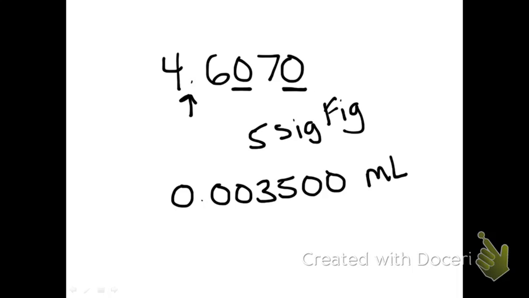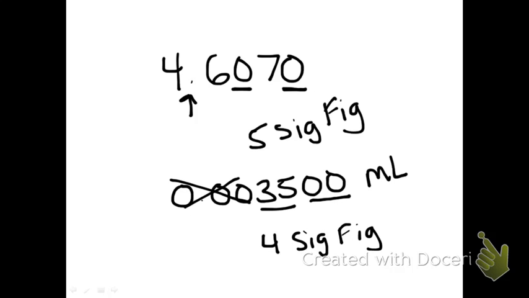Alright, if you said that there are 4 significant figures, you would be correct. The 3 and the 5 are significant because they're non-zero. The zeros at the beginning of the number are not significant. The zeros at the end of the number are because there is a decimal point, giving us 4 significant figures.